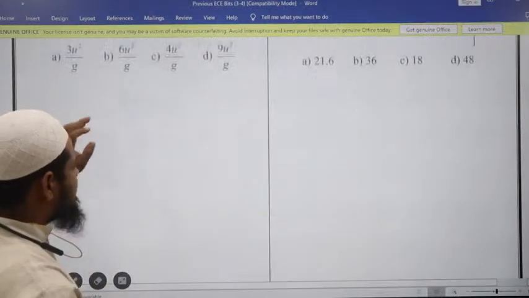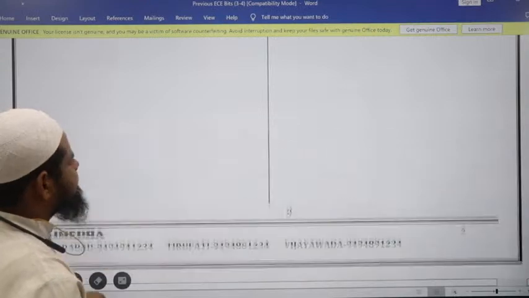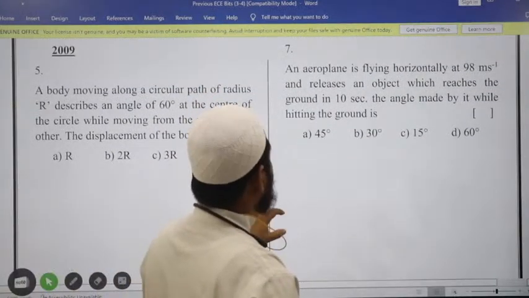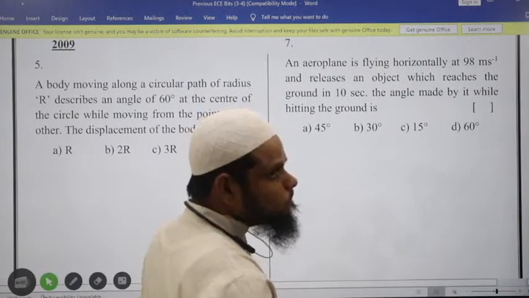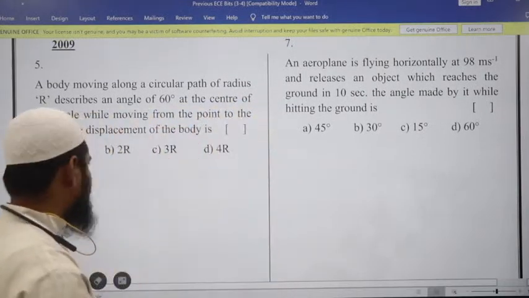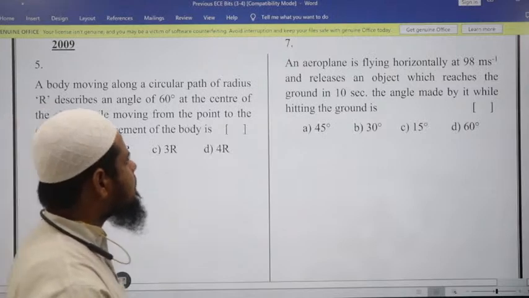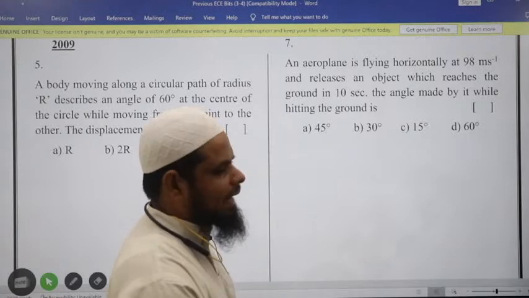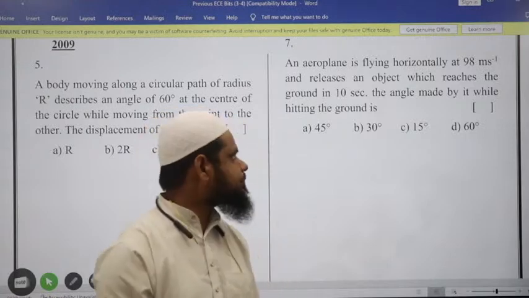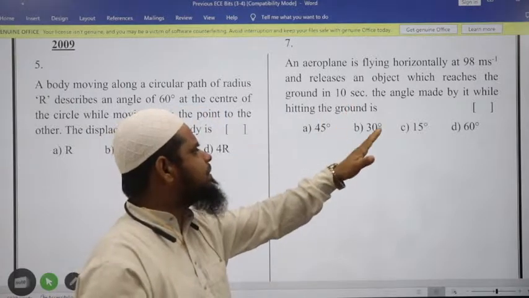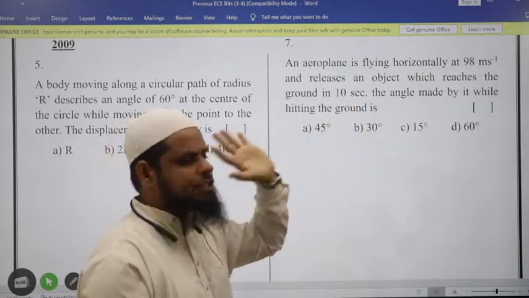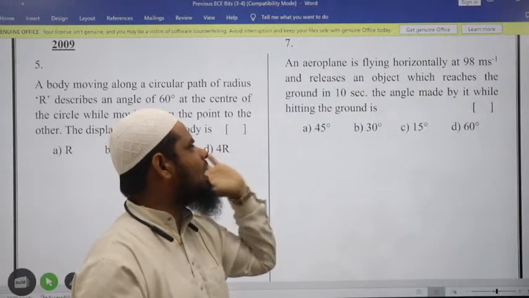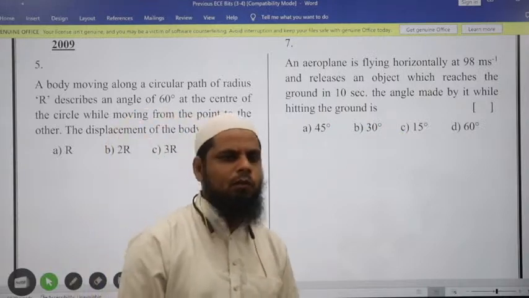Let's move on to the seventh one. An aeroplane is flying horizontally at 98 meter per second and releases an object which reaches the ground in 10 seconds. The angle made by it while hitting the ground is? Now what is he giving?